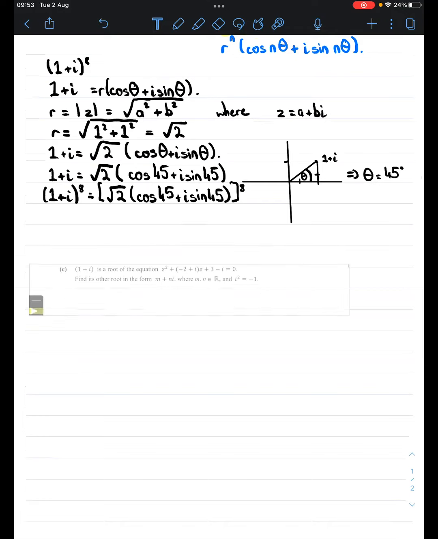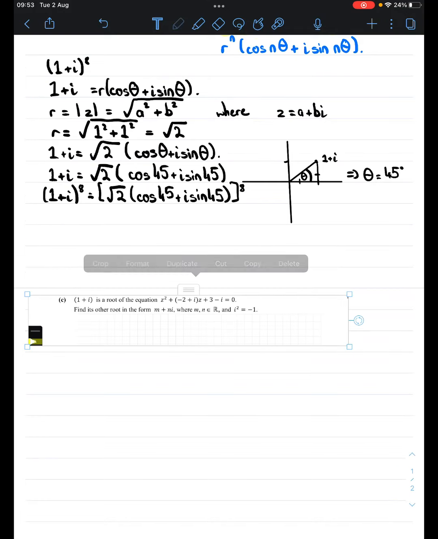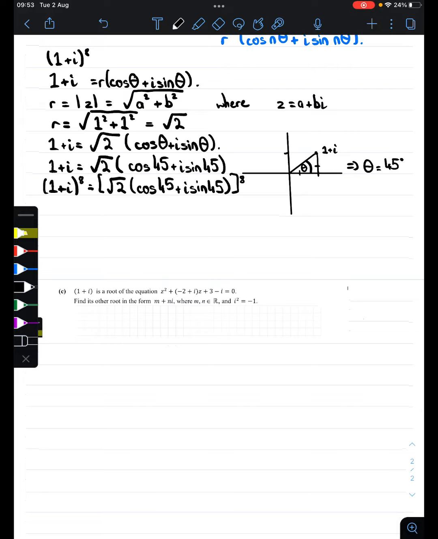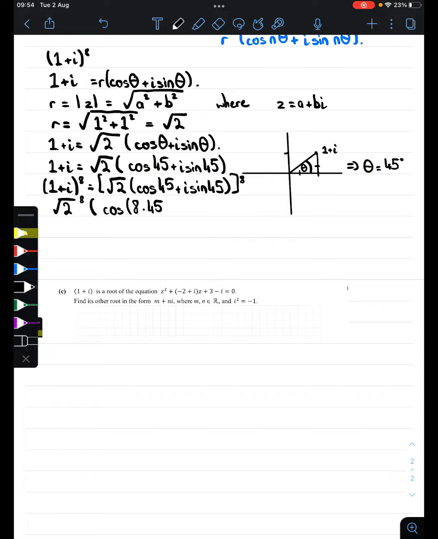And then we just use de Moivre's theorem. So de Moivre's theorem says that this is our magnitude, root 2 to the 8, times cosine 8 times 45, plus i sine 8 times 45.